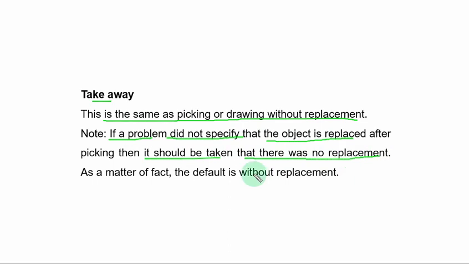As a matter of fact, the default is without replacement unless it is specified that replacement was done. In other words, if the question gives no condition at all, we take it that replacement was not done.